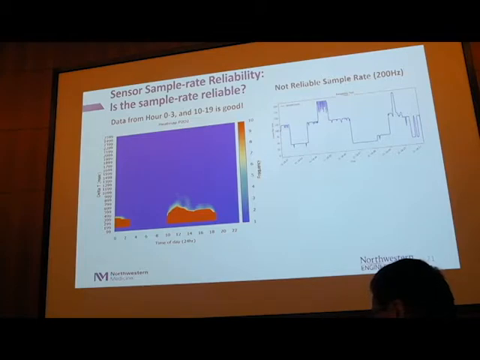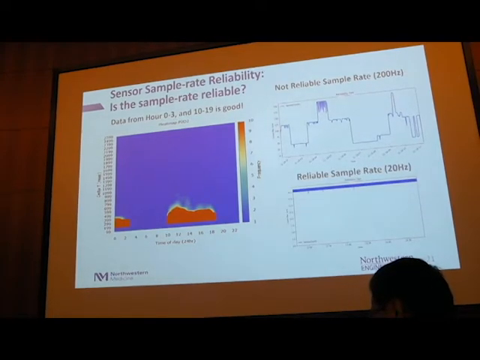Here's an example of one that's not reliable in terms of the sample rate. Here, we were expecting this sensor to provide us about 200 hertz. So we expect the line to be up here, but we notice dips in the frequency. Even when you're programming some of your sensors on your smartphone, you want to make sure that your sample rate is actually reliable.